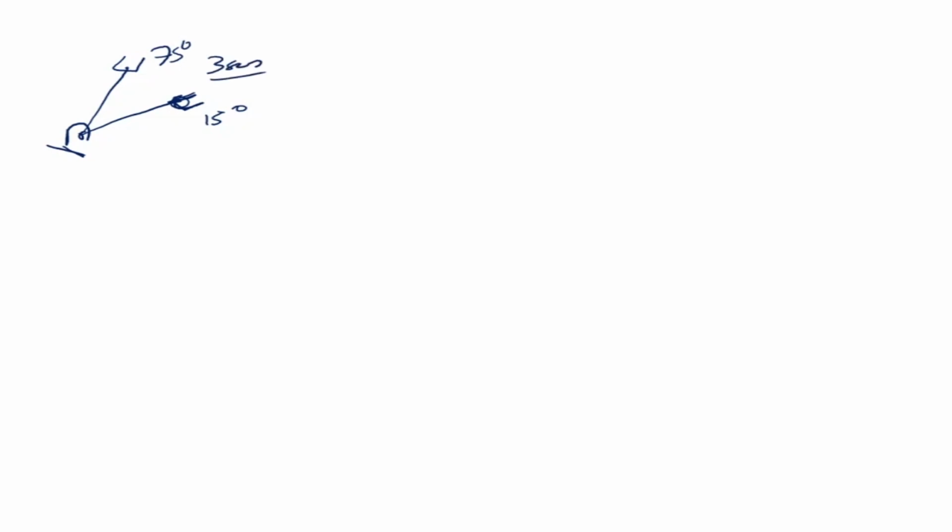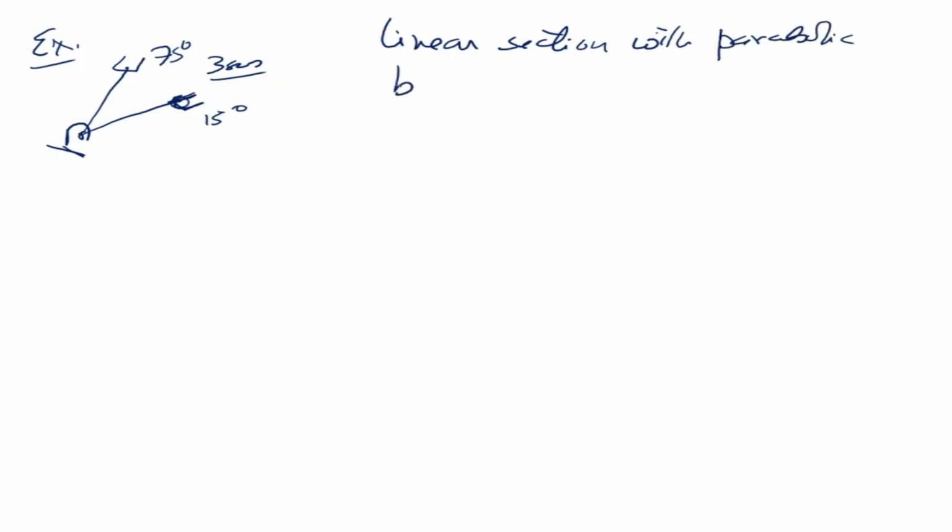This was the problem we were looking at some time back. But now we are going to use a linear section with parabolic blends. So what we need to choose is theta double dot.